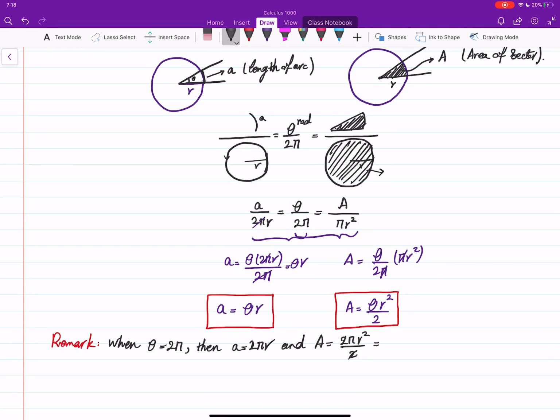These two cancel, giving pi r squared. These are the formulas for the circumference and the area of the circle.